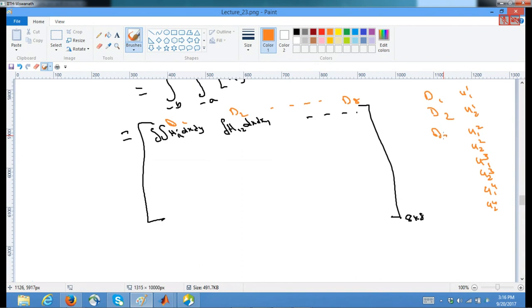So this is d3, d4, d5, d6, d7, and d8. Like that you will have entries d1 to d8 and d1 to d8. Upon integration you will find the things.